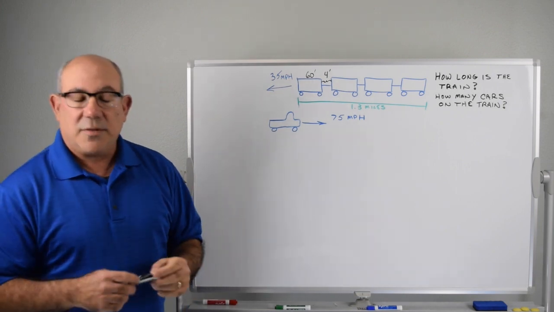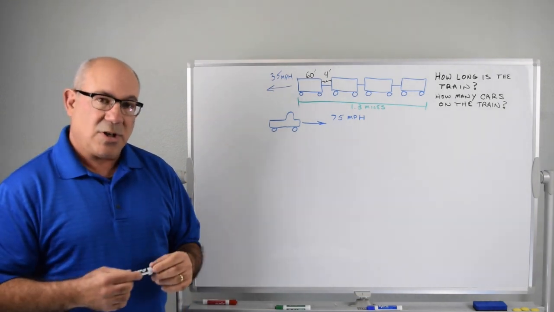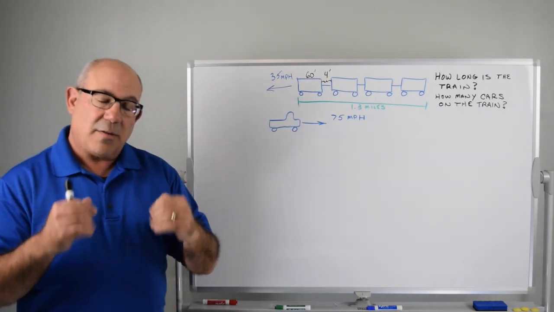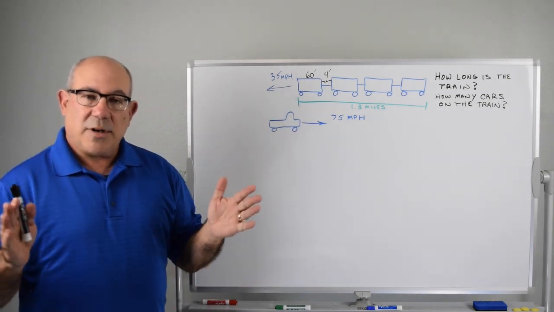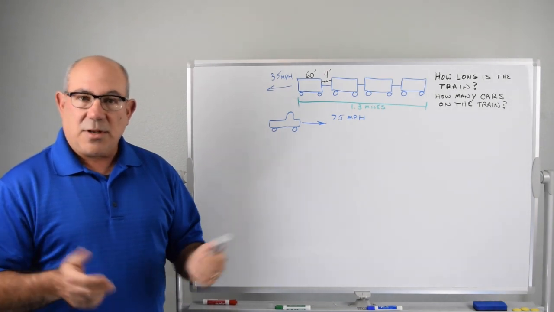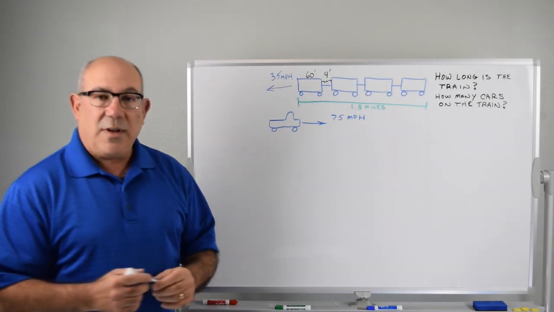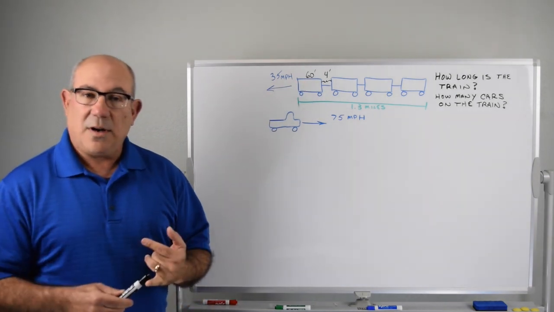Then, using what I looked up about the distance between two train cars and how long an average train car is, about 60 feet for a freight train hopper, we can calculate everything we need to know.